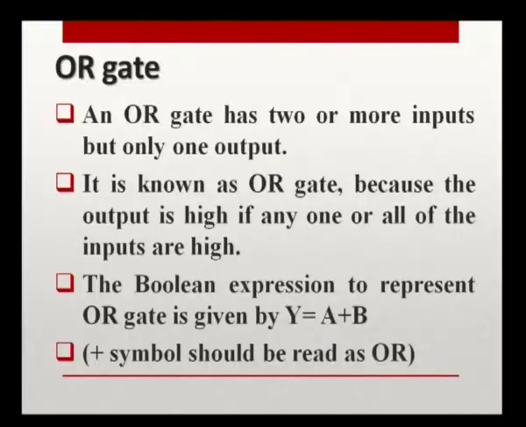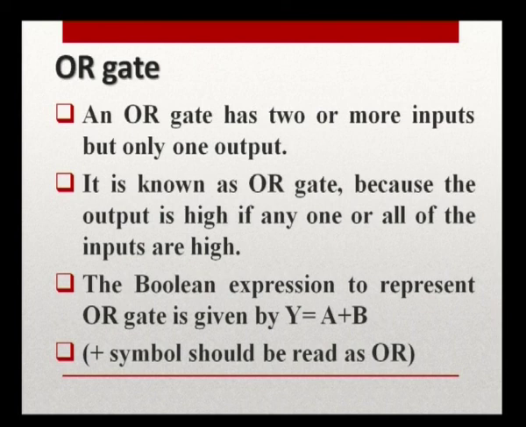Let us see what are the basic gates possible. We will learn about each gate from the 3 gates one by one. Let us see what is the first gate we are going to see. It is an OR gate. An OR gate has 2 or more inputs but only one output.